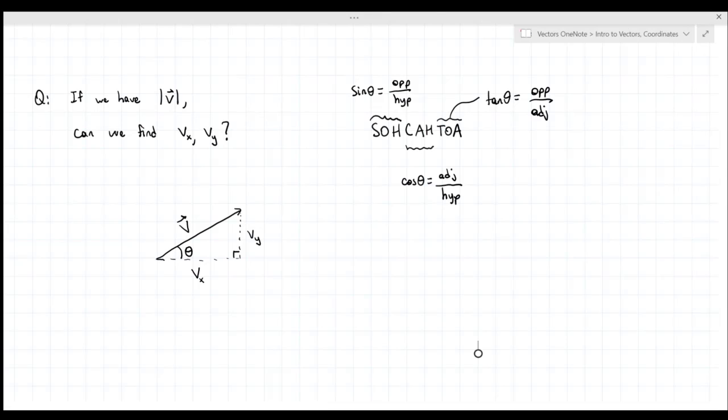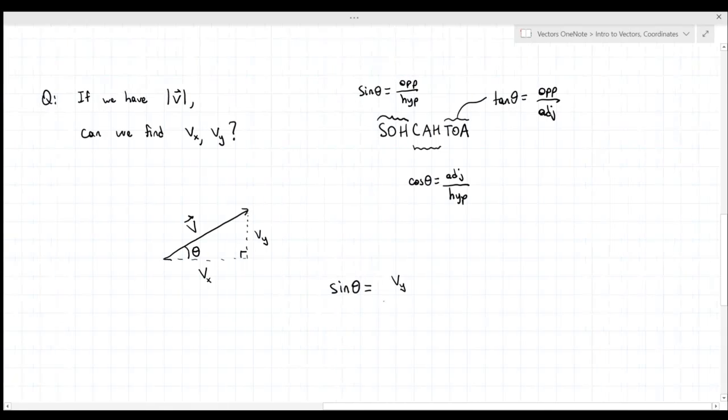Let's apply that to this right triangle that we have here. If we look at sine of the angle theta, sine is the opposite over the hypotenuse. The opposite is the y component, and the length of the hypotenuse would be the magnitude of this vector v.